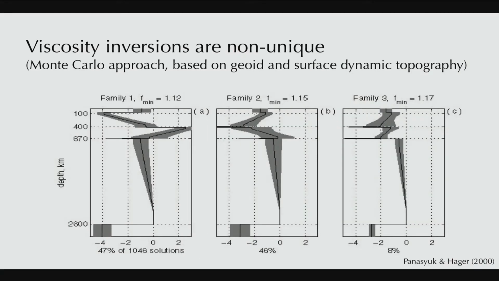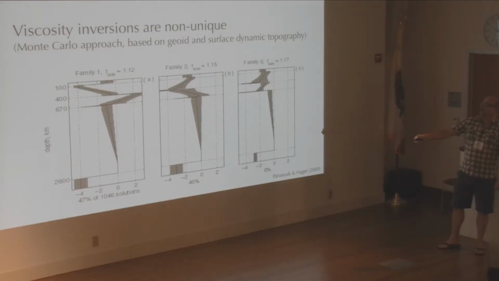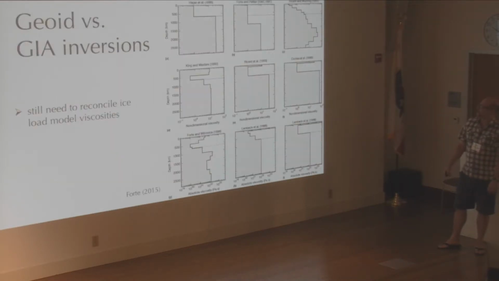That's orders of magnitude, so this would be 10 to the 21, sorry about that. This is 100 times stronger, 100 times weaker. So basically, some low viscosity in the upper mantle, maybe 10 to the 19, and some increase, but with a lot of flexibility as to the amount of that increase.